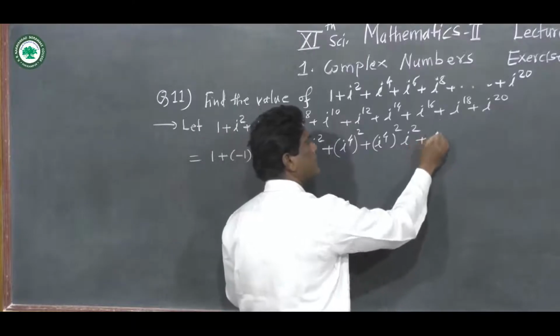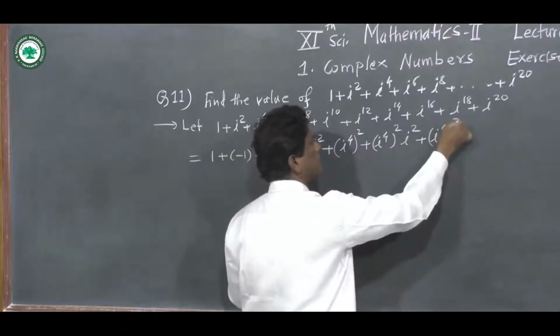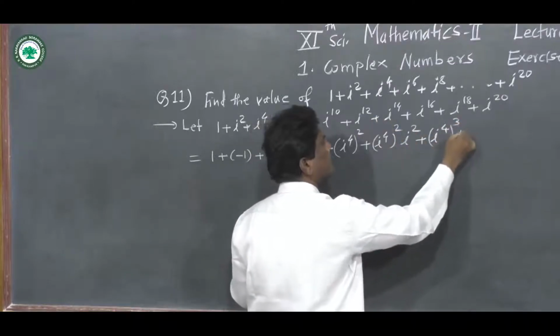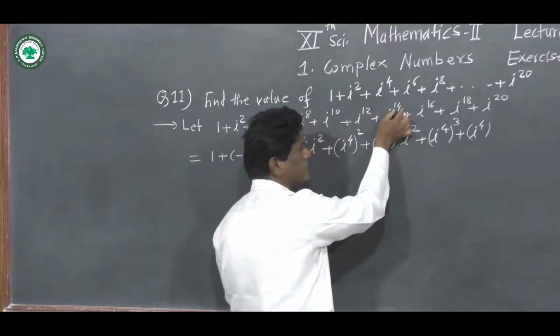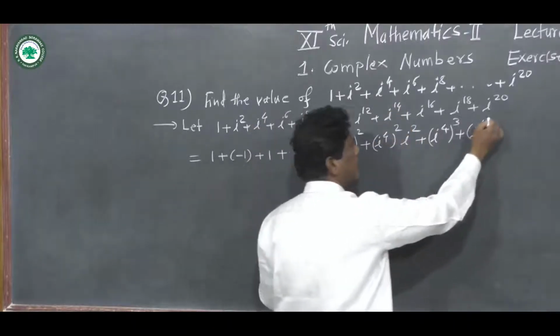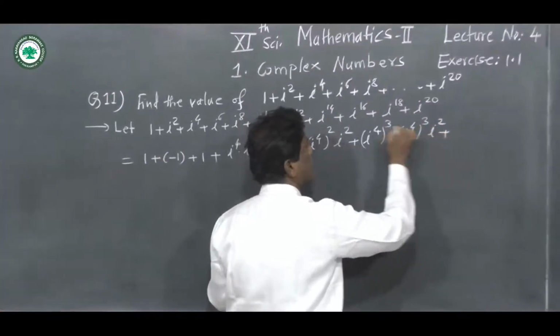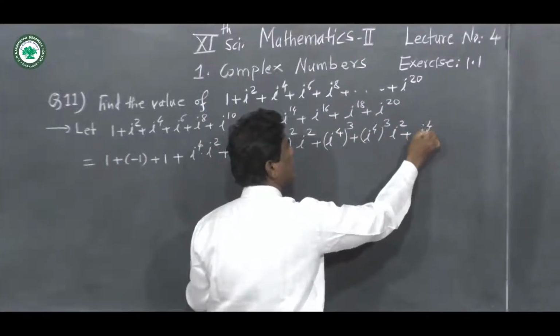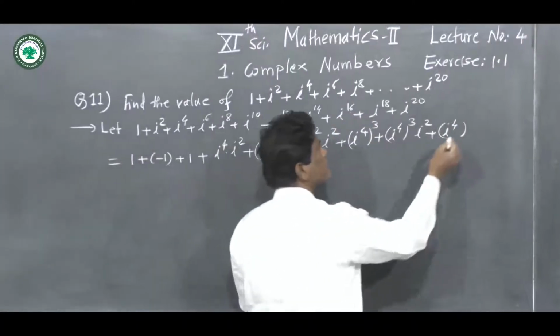Now i to the power 12, we write as i to the power 4 to the power 3, 4 times 3 is 12. Then i to the power 14: divide by 4, 4 times 3 is 12, and the remainder is 2. So we write it as i squared. Plus i to the power 16, we write as i to the power 4 to the power 4, 4 times 4 is 16.